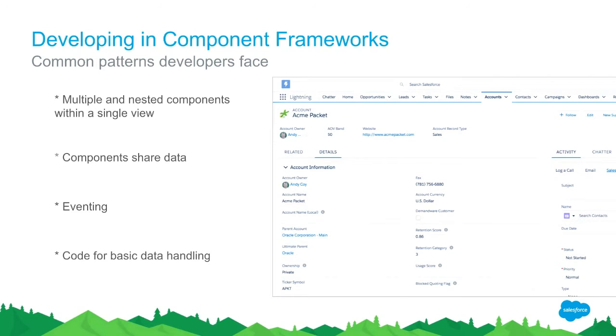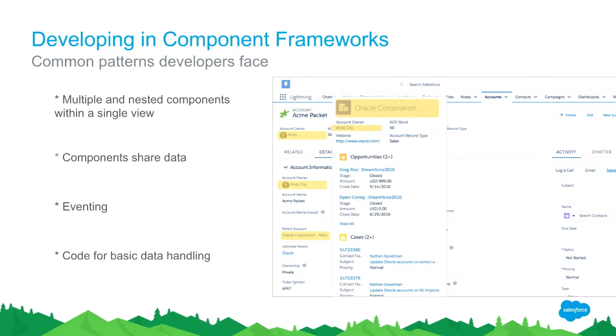But these components share data. Here is our Lightning desktop experience, and everything I highlighted is essentially a duplicate set of data, because in Lightning today every component keeps its own copy of the data.